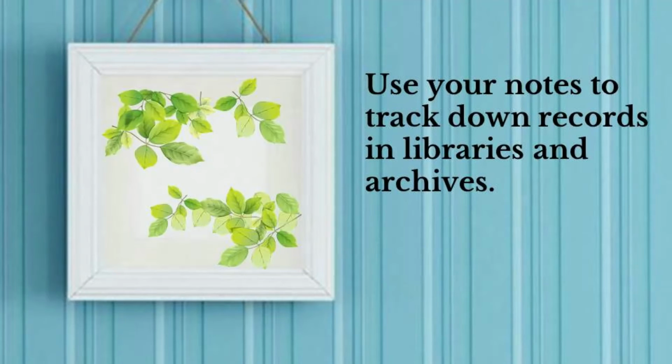Let's walk through an example. Your grandmother told you her father, John, died in 1958 in Madison County, Alabama. You could check in the following places: the Huntsville-Madison County Public Library, the Madison County Record Center, or Ancestry.com. There is no wrong or right to where you start looking.